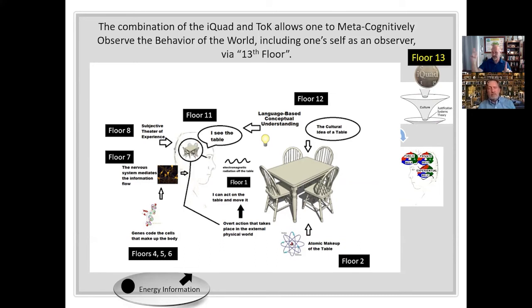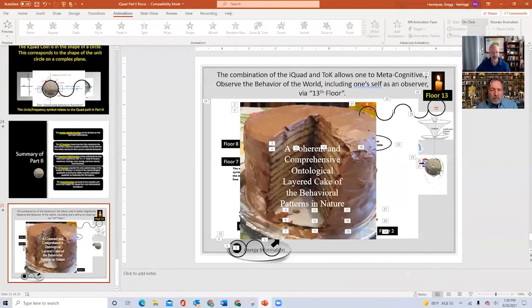And you get sort of a 13th floor view down into the basement and see the whole, and then that starts the process of really then creating an identity matrix, identification matrix. So that is part 2 of the tour in relationship to the iQuad coin.